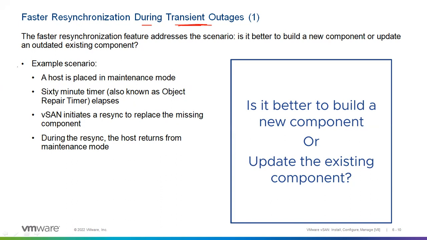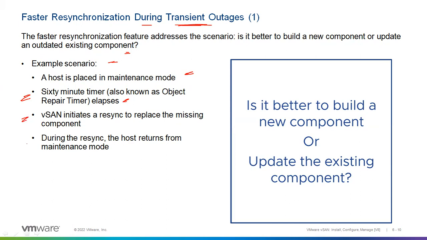The faster resynchronization feature addresses the scenario of whether it is better to build a new component or update the outdated existing component. Example scenario: a host is in maintenance mode and more than 60 minutes have lapsed. vSAN initiates the resync to replace the missing component.